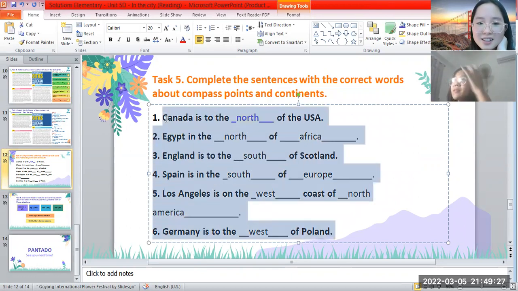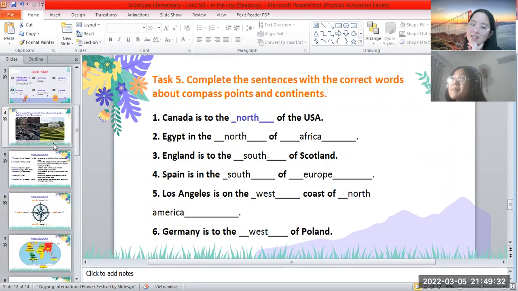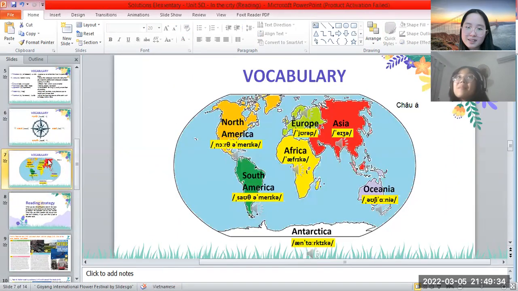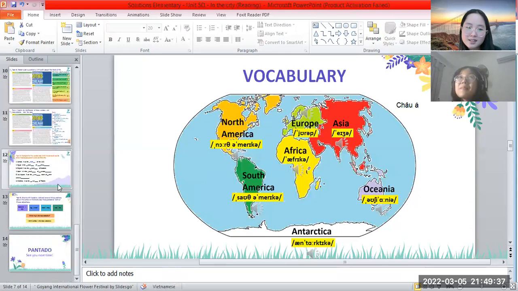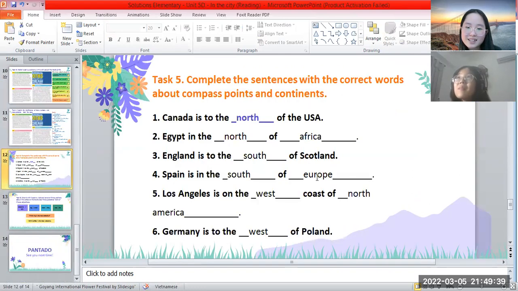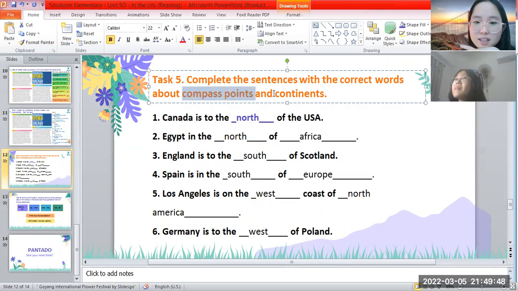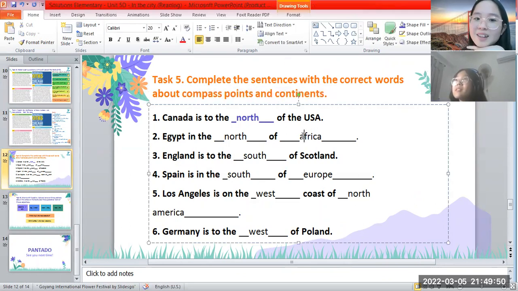Just look at the answers again, and you're gonna look at the map at home because it's quite difficult for you. Okay, so I think you need to read through again the compass point and the continents. Just remember 3 countries in North America and which city, which country is to the south or is to the north.